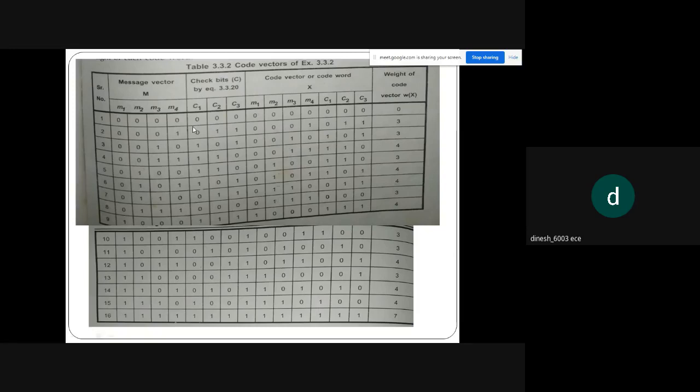Just check this table: message bits M, check bits C, code vector or code word. If you do modulo 2 addition correctly, you will get these check bits easily. And once check bits are obtained, message bits with check bits give you the code vector or code word.